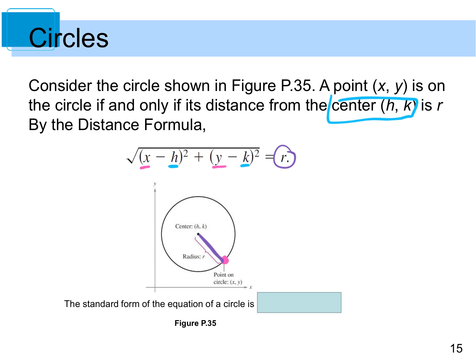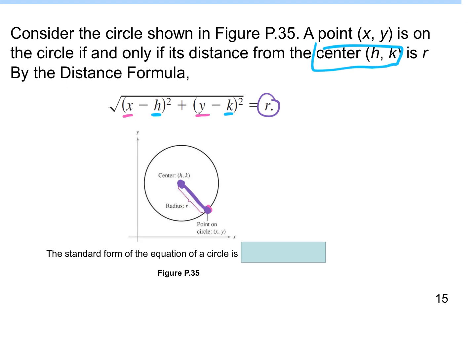So the radius is equal to the distance formula, finding the distance from the center to the point on the circle. So our circle formula is (x minus h) squared plus (y minus k) squared is equal to r squared. Don't forget that the r is squared.